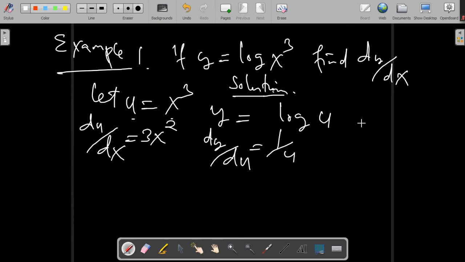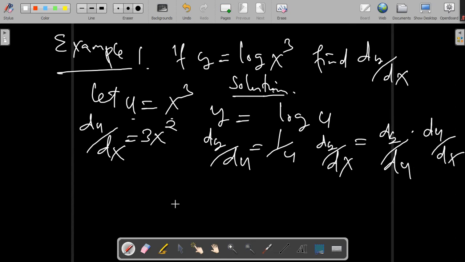Let's put it into our formula, dy over dx is equal to dy over du times du over dx. dy over du is equal to 1 over u, and we multiply by du over dx, which is equal to 3x squared.